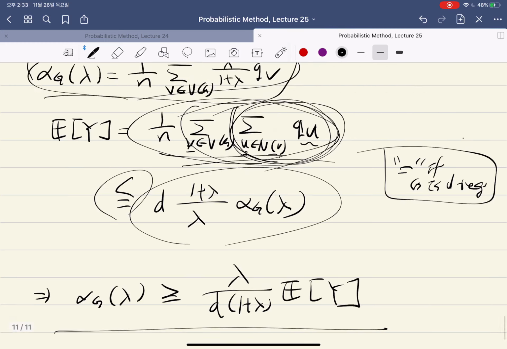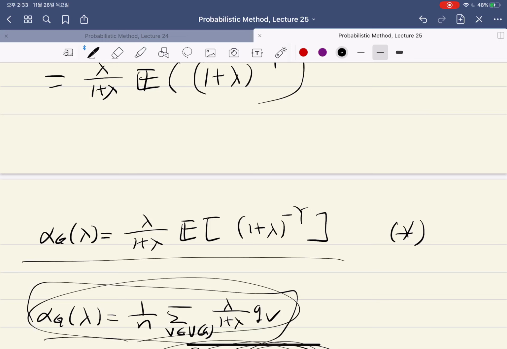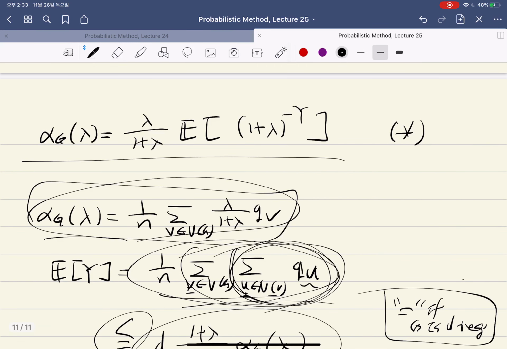So we have this and we have this. But this is a bit difficult to deal with. So what do we know? (1 plus lambda) to the minus x is a function that looks in this way. This is convex.